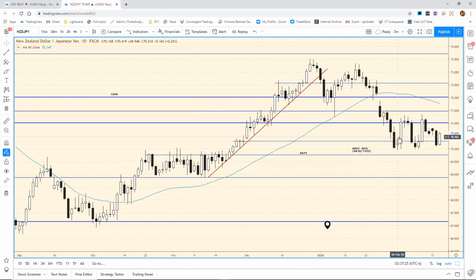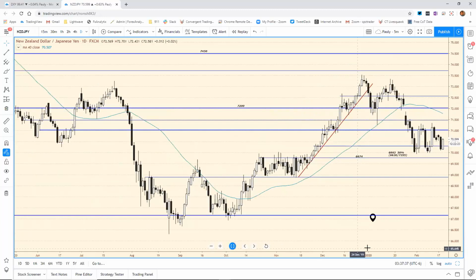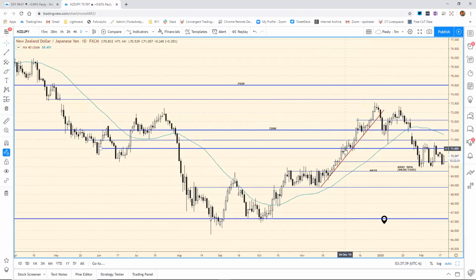Well, we've seen a good turnaround, obviously, with the weakness in the yen, which potentially could move us back up here to this 71.02. Right there. There we go, 71.02. At least for today.